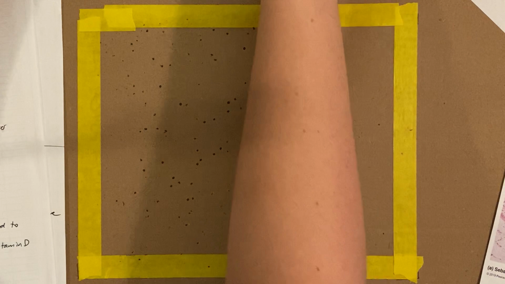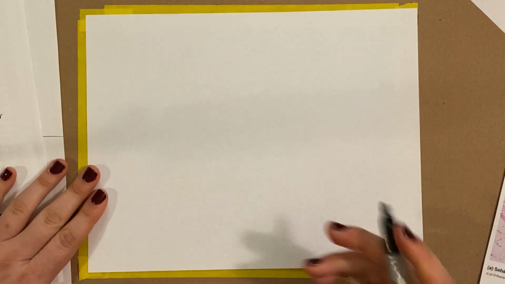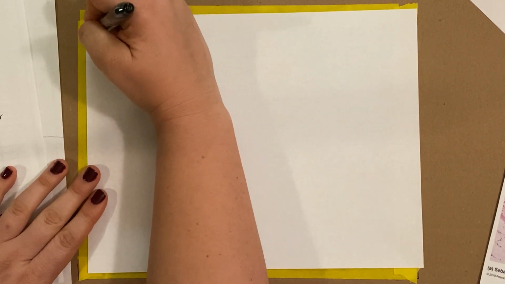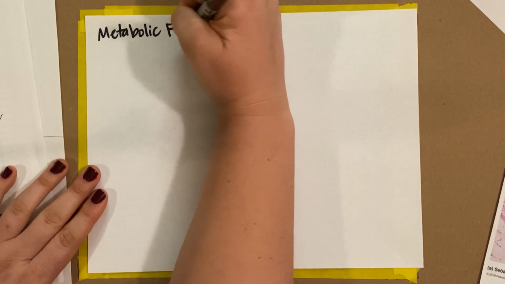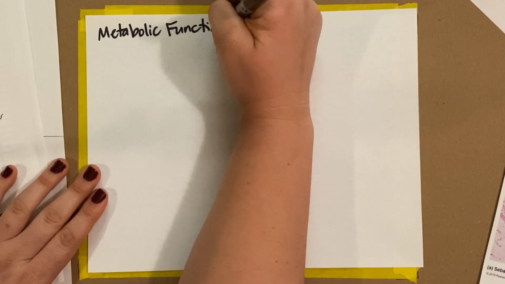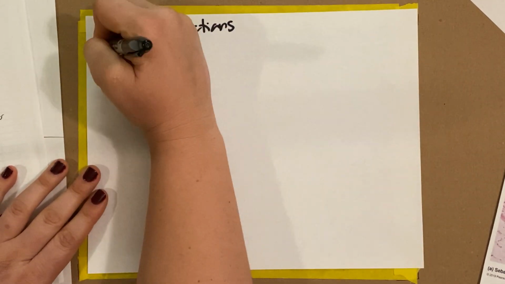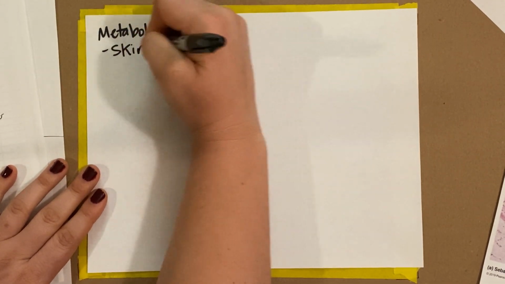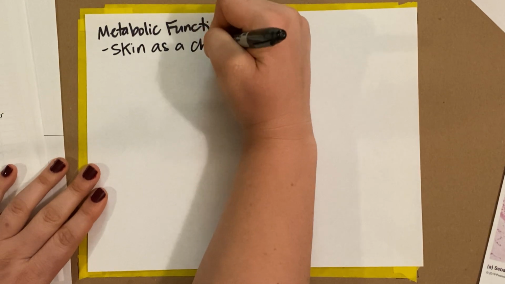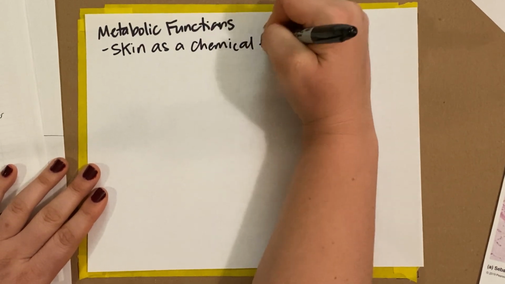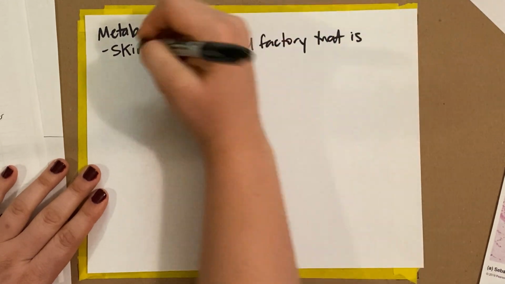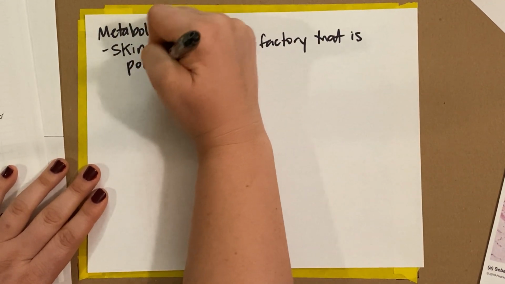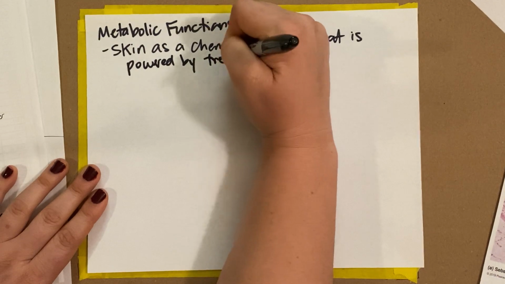Another really important function of the skin has to do with metabolic functions. Okay, and so you can think of the skin as a chemical factory that is powered by the sun.